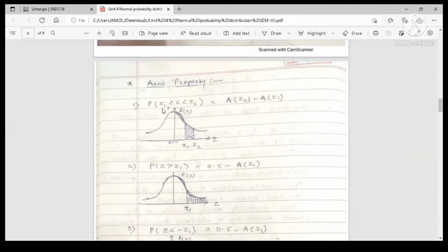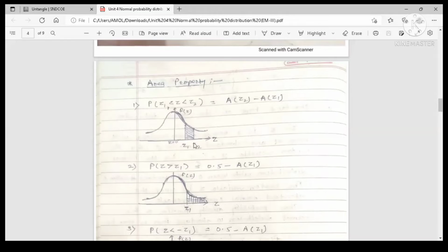Now see, what is the formula to calculate the probability between Z1 and Z2? If Z1 and Z2 both are positive, then the diagram will be like this. When Z1 and Z2 are positive, they will be on the RHS side, and then the probability between Z1 and Z2 is nothing but the area between Z1 and Z2.